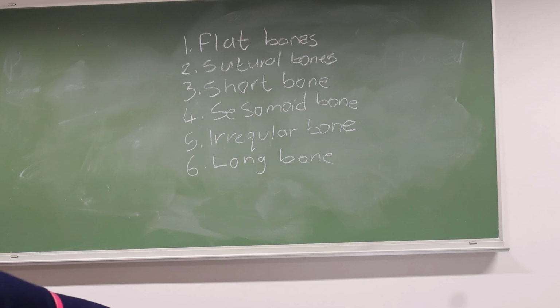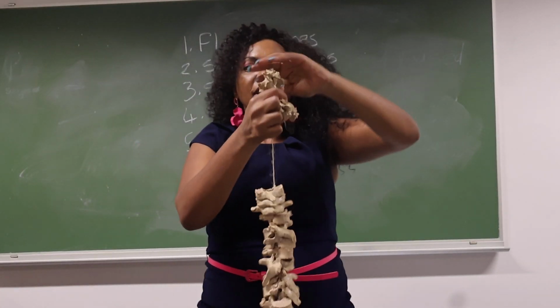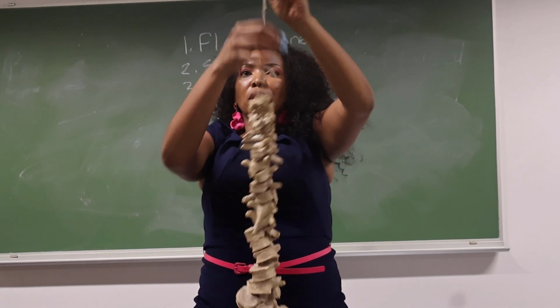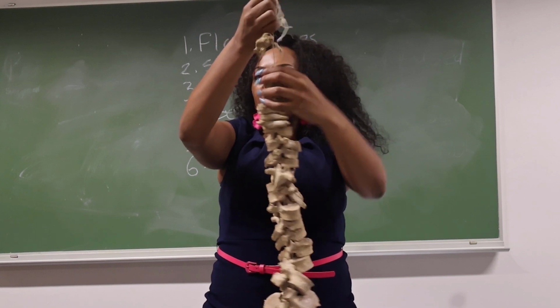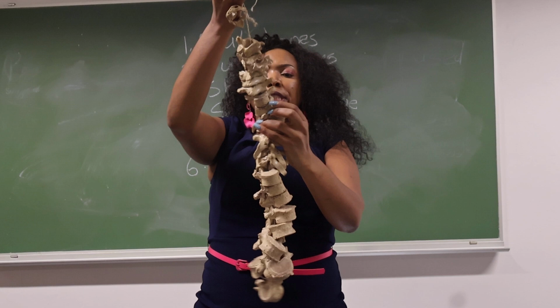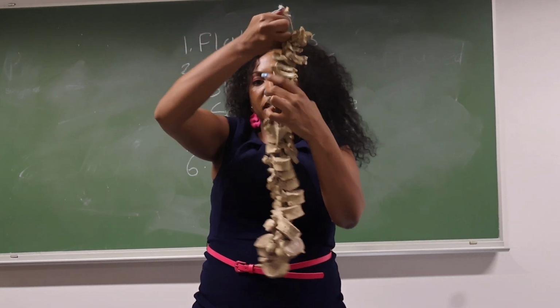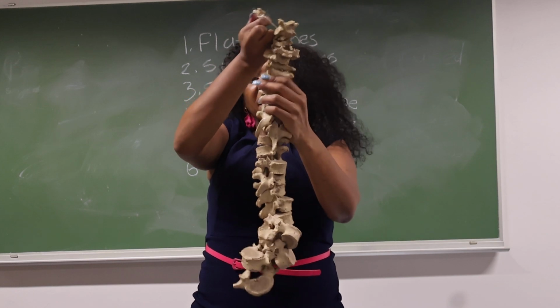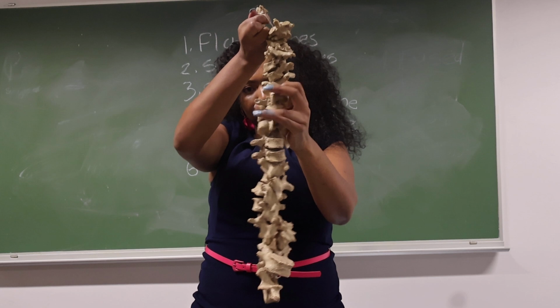Now, let's quickly talk about this. So, this is the spinal cord. The bones that cover the spinal cord are called the spinal column.